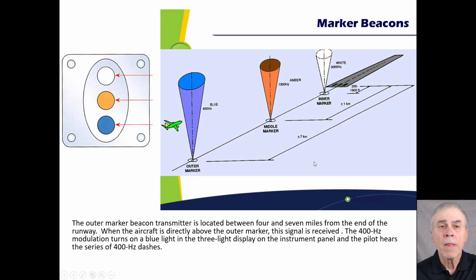And somewhat be aware of the frequencies, I guess. These don't look like the ones you really have to worry about. But for your own personal information, the outer is 400 hertz, the middle is 1300 hertz, and the inner, if there is one, is 3000 hertz.